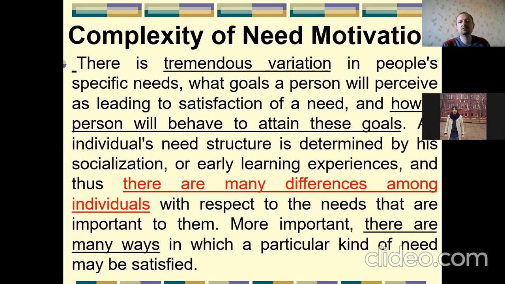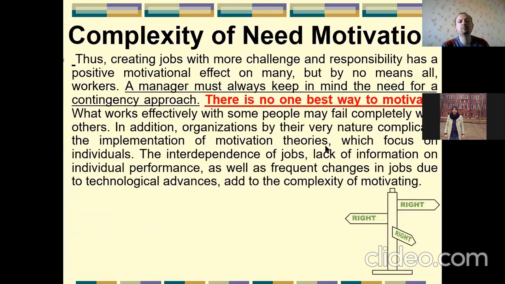And I told you, but I'd like to stress one more time, that there are a lot of differences among all people. That's why there is no one best way to motivate. What does it mean, no one best way?